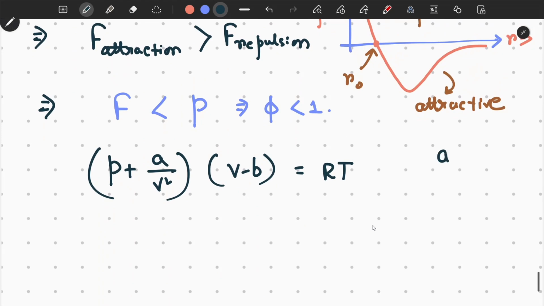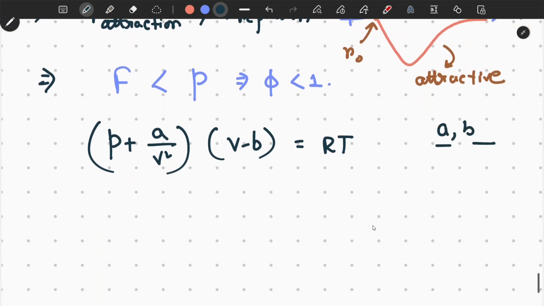There are two coefficients, A and B, and for this attractive part, obviously A will be dominating over B. If there is attraction, then the major correction will be in the A part, not in the B part.